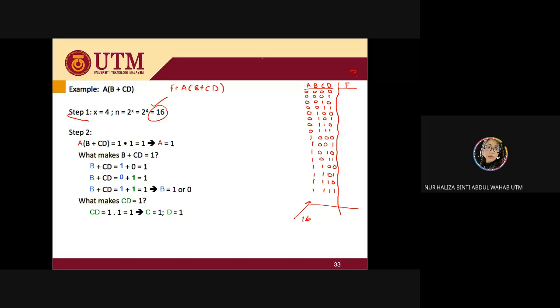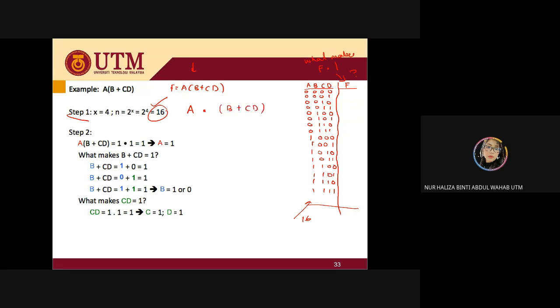Second step, you need to know what makes your F to be 1. From here, you have A dot something, which is B plus CD.